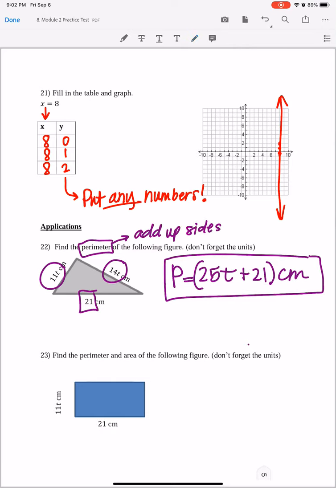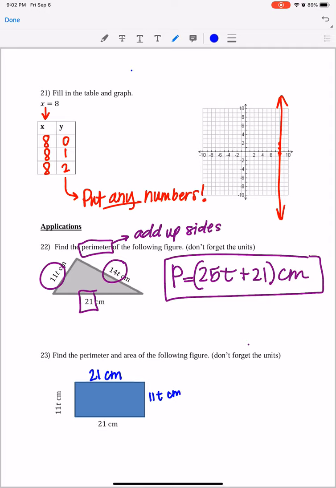Now in 23, we're not just finding perimeter, we are also finding area. So when you're finding perimeter, you have 21 and 11T. That means this top one is also 21 centimeters. It means this side one is also 11T centimeters.